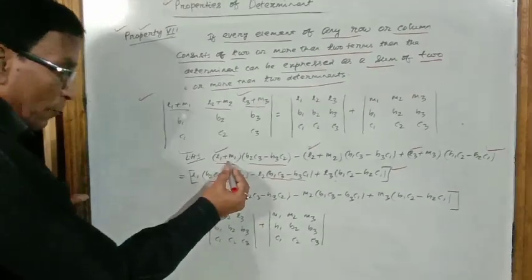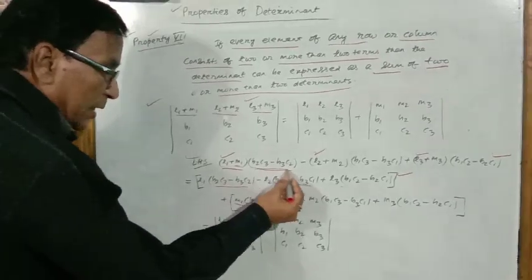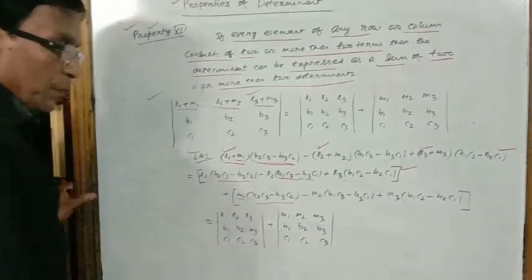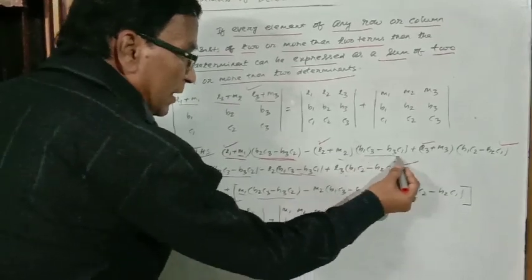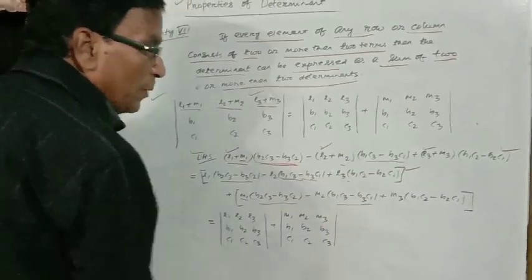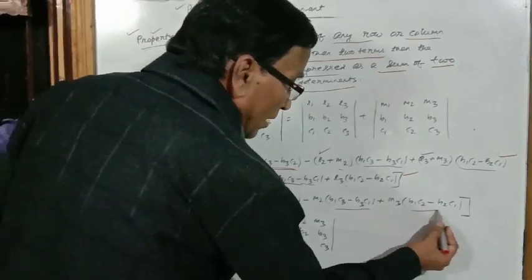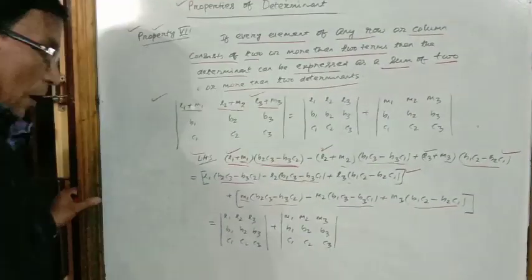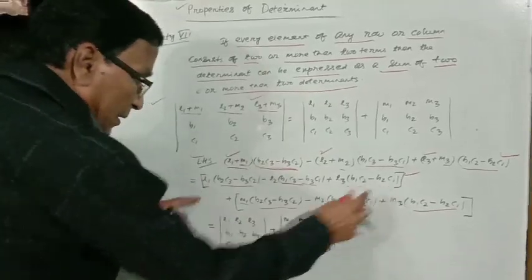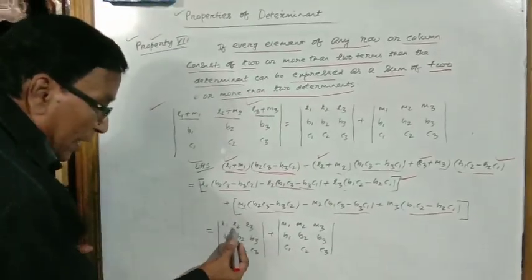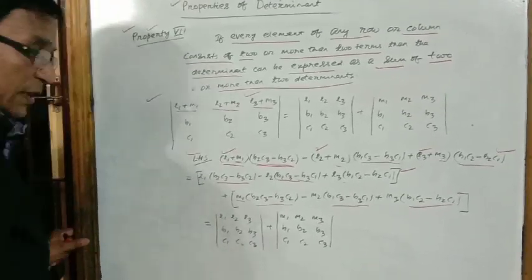Similarly, plus M1 into again B2C3 minus B3C2, minus M2 into B1C3 minus B3C1, plus M3 into B1C2 minus B2C1. Now the expression within the first bracket represents the determinant of L1, L2, L3, B1, B2, B3, C1, C2, C3.